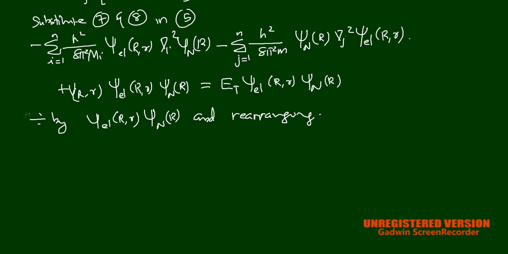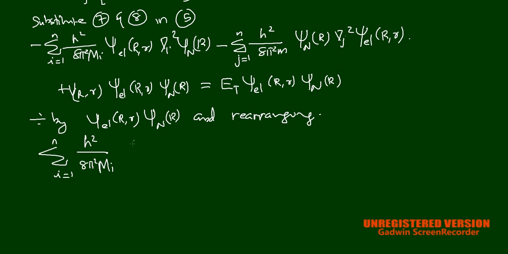So we can write sigma i equals 1 to n, h square divided by 8 pi square m i. Then dividing by psi electronic(r,R) psi N(R), psi electronic cancels from the numerator.